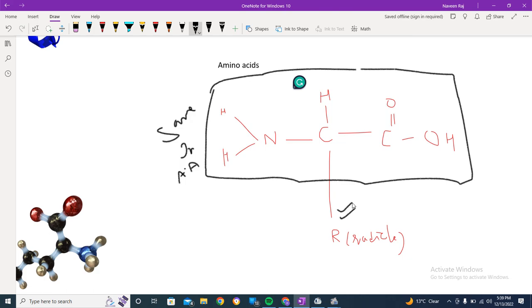That was the reason in the starting I was saying amino acids are 60% the same, but proteins are heteromolecules because the radical group differs.